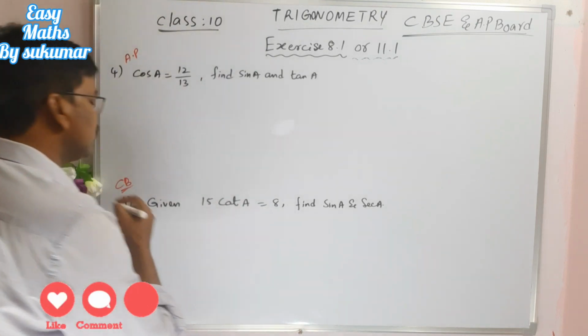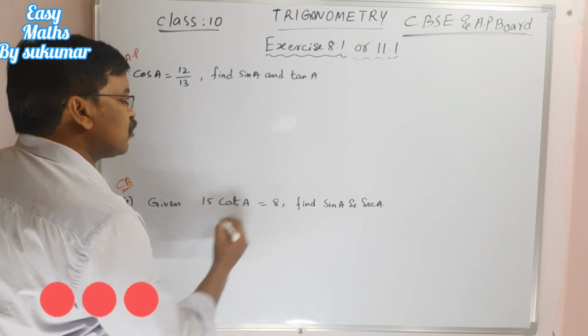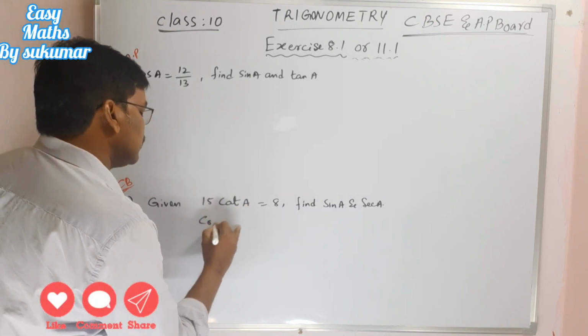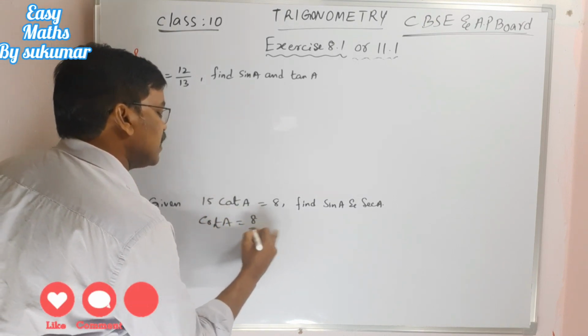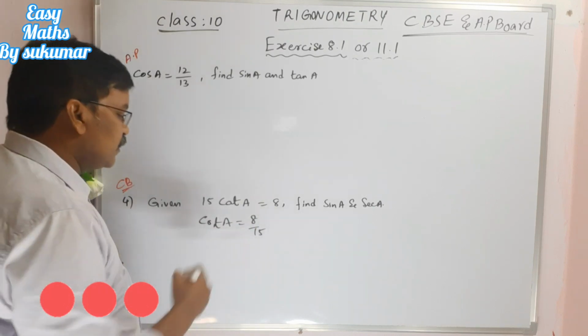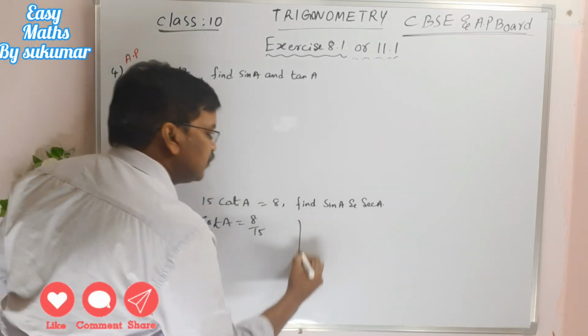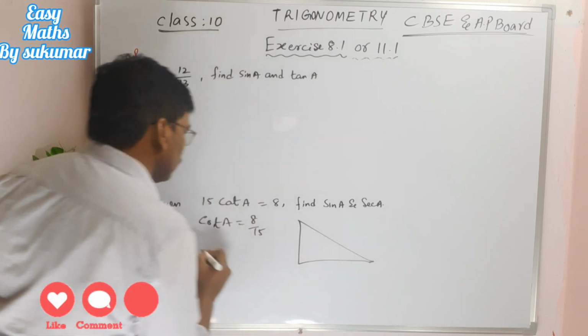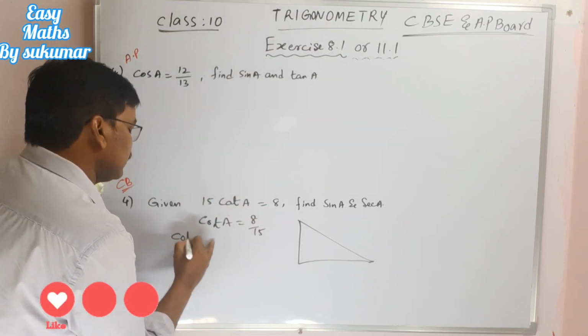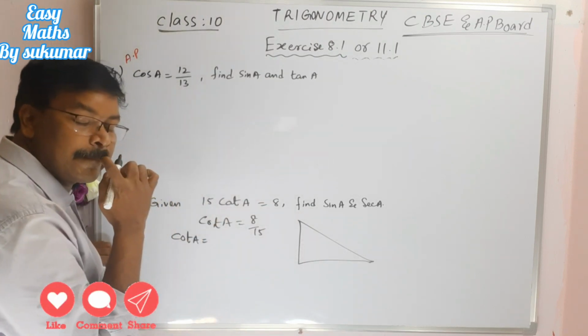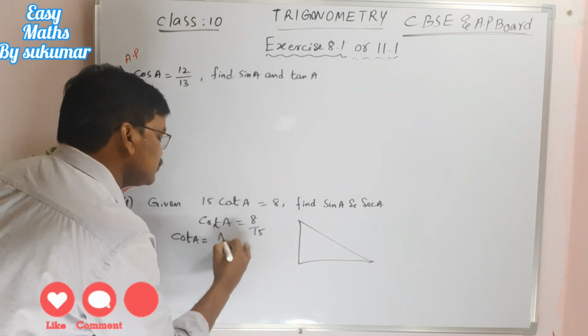Now coming to this fourth question here, 15 cot A is equal to 8. That means cot A is equal to 8 by 15. Again take the right angle triangle. What is cot, my dear students? Cot means adjacent side by opposite side.